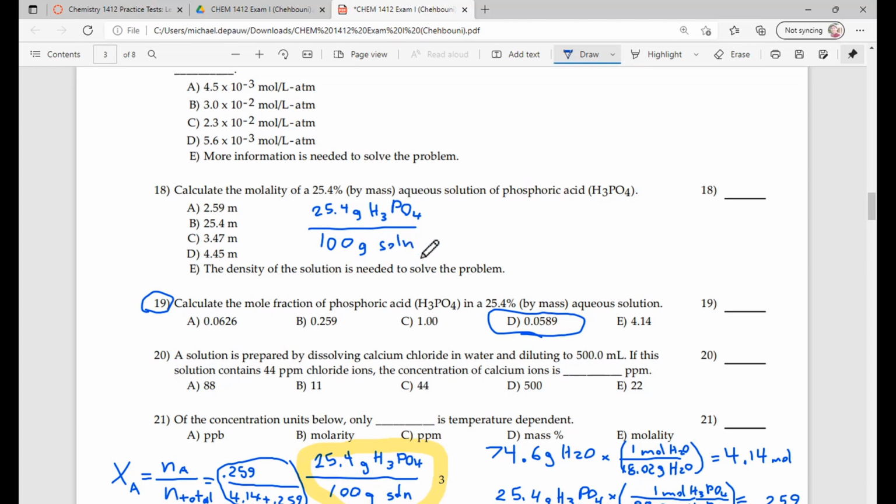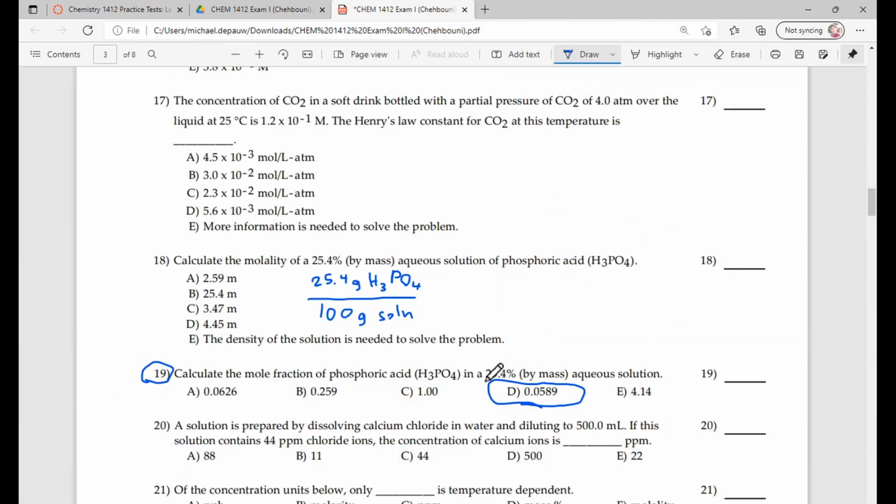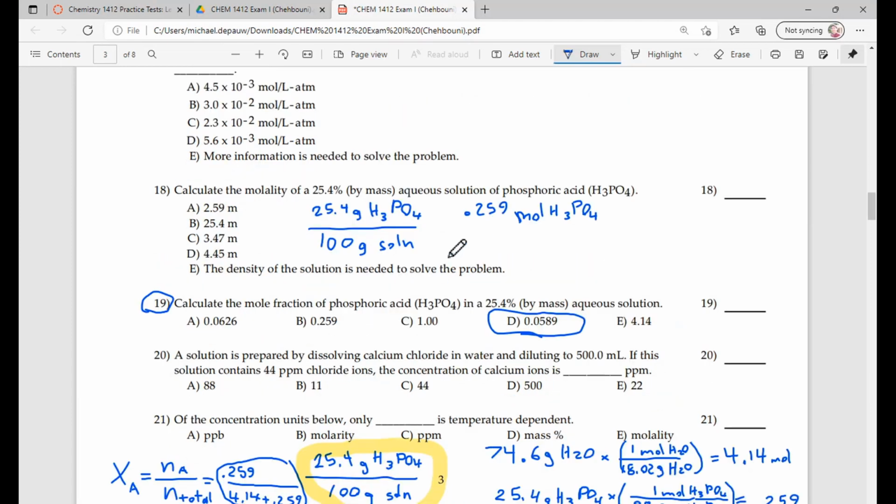Now, we already know that 25.4 grams of H3PO4 is what we did over here, 0.259 moles. And because I'm lazy, I'm not going to repeat that calculation. However, molality, remember, we also want to start with the definition of what we're looking for.